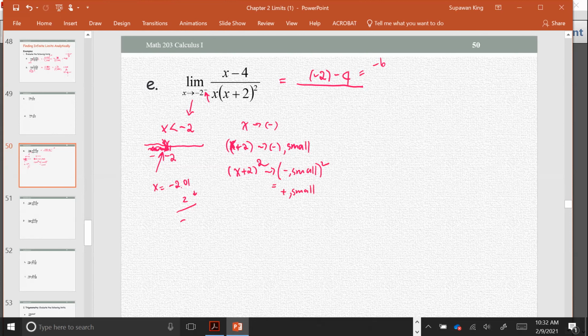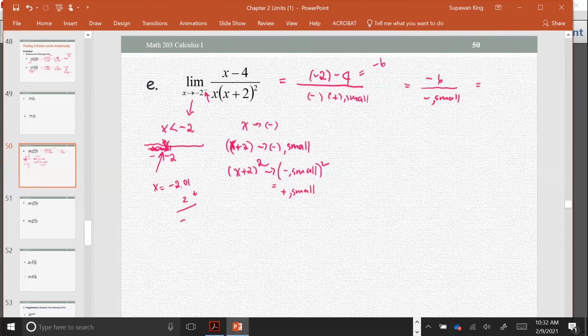So the way we analyze, this factor, the x, is going to give you a negative sign. The square of x plus 2 is going to give you a plus sign and very, very small. And then we get -6 divided by the bottom. The overall sign on the bottom is going to be negative with a very small quantity.